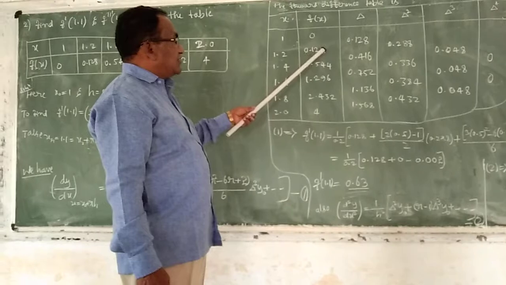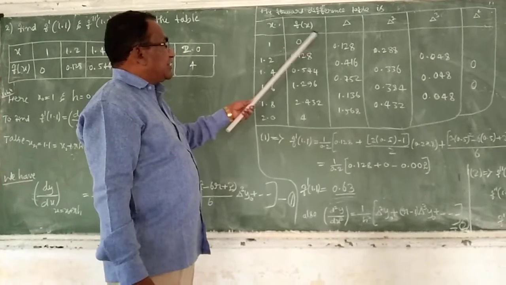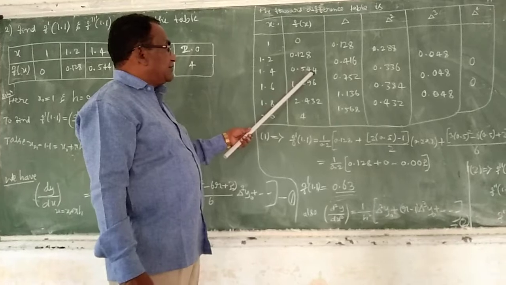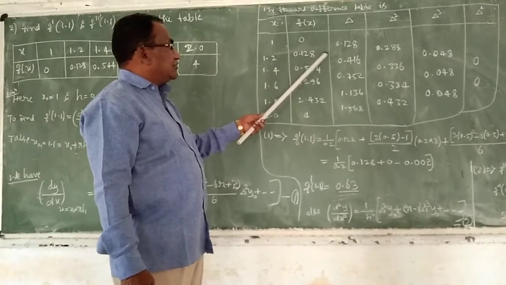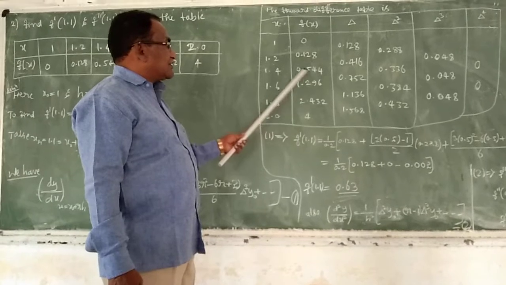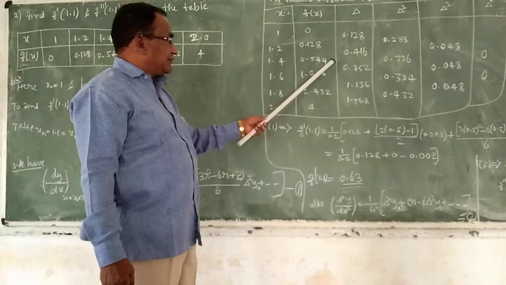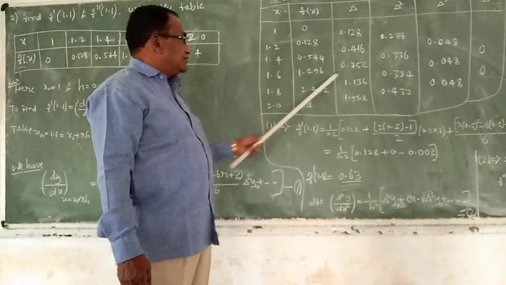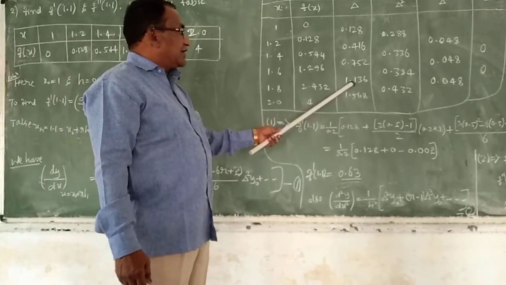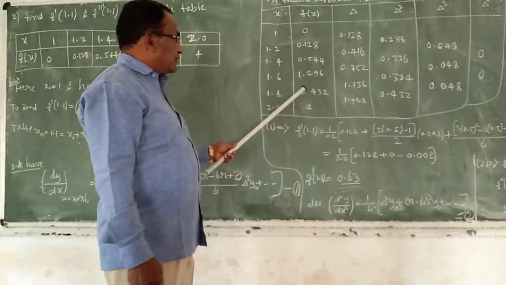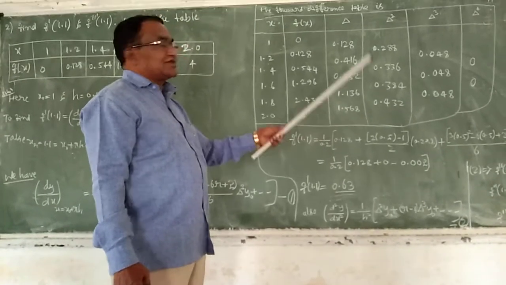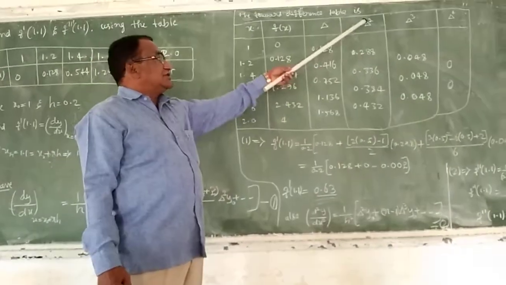Delta values: 0.128 minus 0 is 0.128. 0.544 minus 0.128, 0.416. 1.296 minus 0.544, 0.752. 2.432 minus 1.296, 1.136. 4 minus 2.432 is 1.568. Next, calculate delta square.